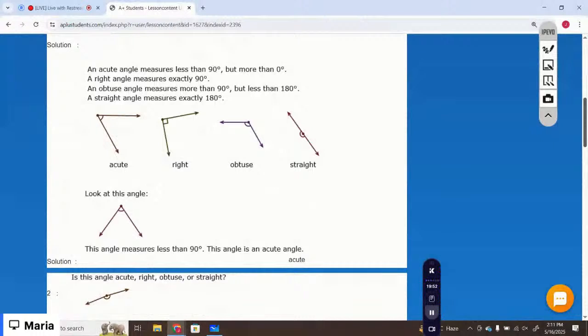A right angle measures exactly 90 degrees, and an obtuse angle measures more than 90 degrees but less than 180 degrees. A straight angle measures exactly 180 degrees, so you have the four angles. Let's just start the test questions.